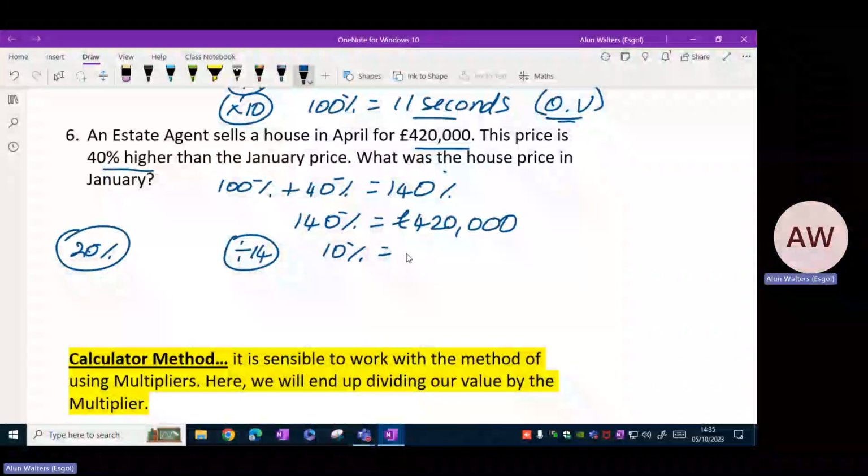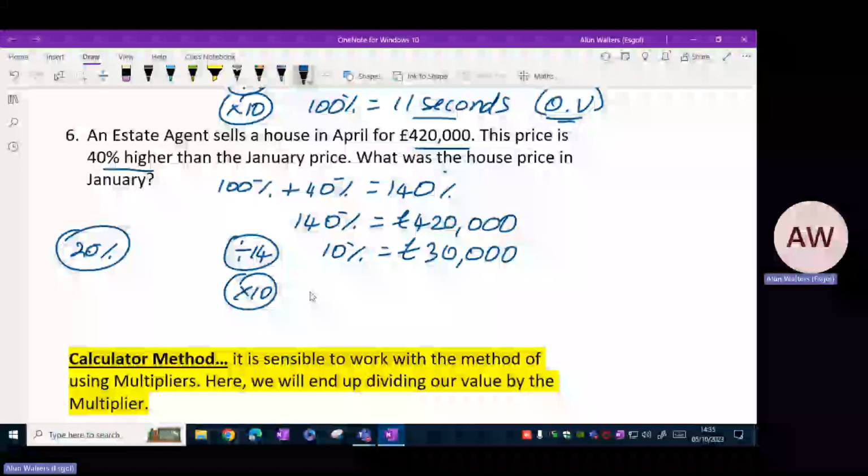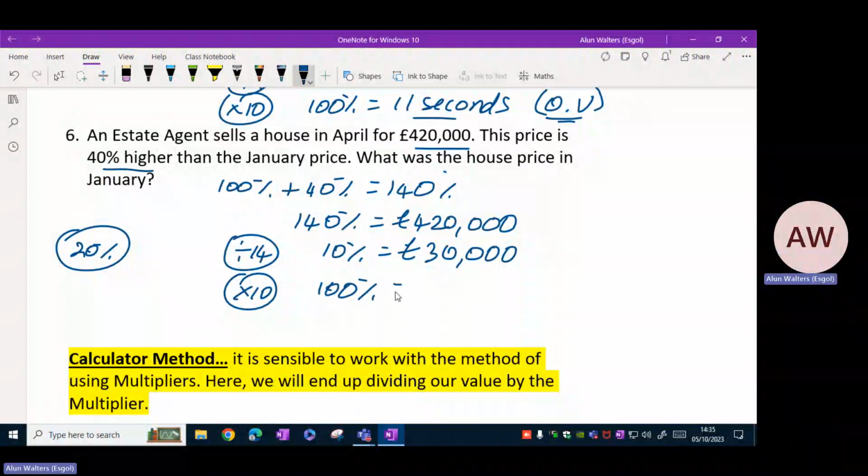That's not so bad, because I've spotted that 14 goes into 42 3 times, and then it's the same old thing, times both sides by 10. So 100%, the original value, is 300,000.